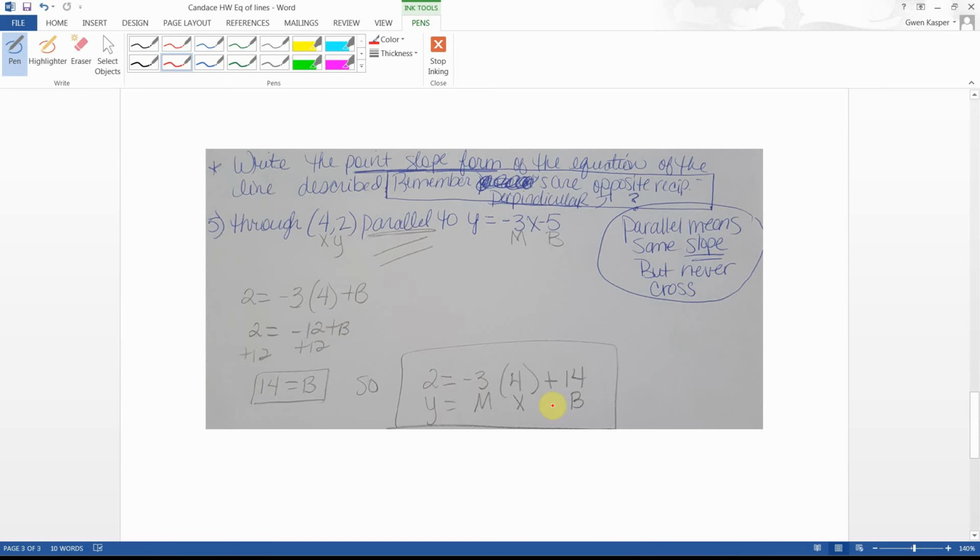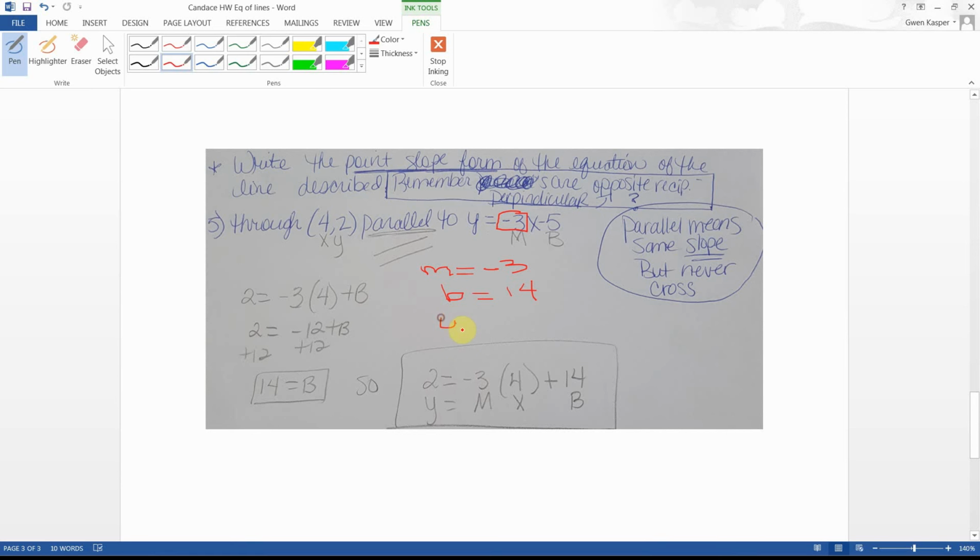You did that correctly. And your slope, which you knew right here, your slope is the same slope as this line that's parallel to our line, so it's -3. So our slope is going to be -3, and our y-intercept, which is b, is going to be 14.